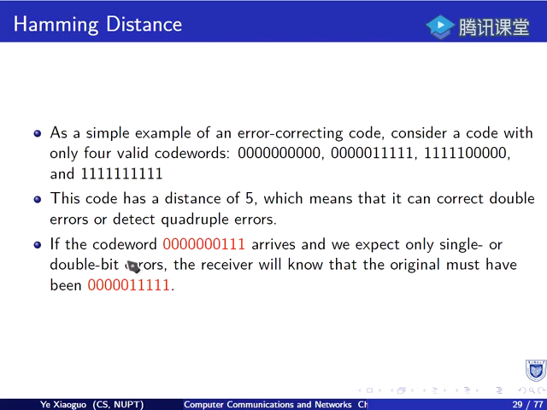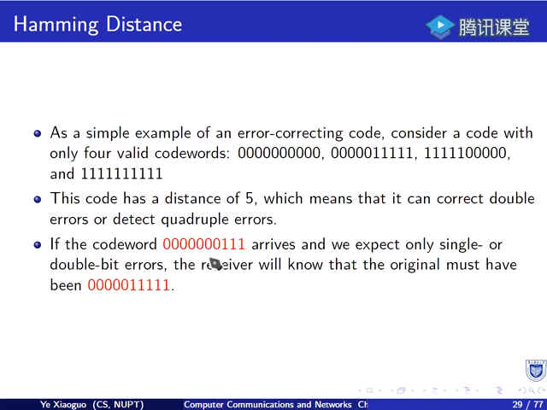If a code word arrives that is not in these 4 codes, it is a 5th code, not similar to these 4 codes.